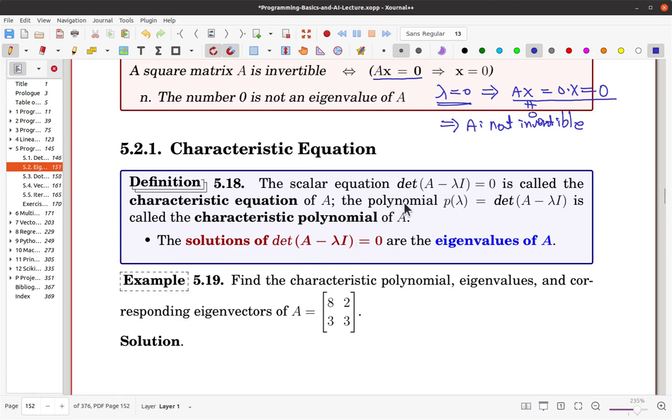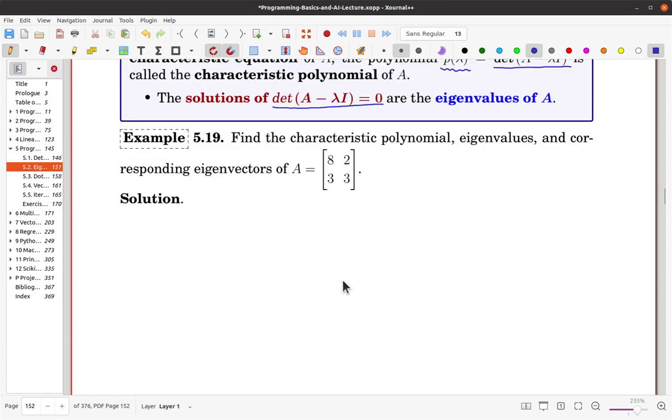The scalar equation determinant of A minus lambda I equals 0 is called the characteristic equation of A, and the polynomial itself, determinant of A minus lambda I, for which we are using the notation P of lambda, is called the characteristic polynomial of A. The solutions of the characteristic equation are eigenvalues of A. That means that to find the eigenvalues of A, we have to solve this characteristic equation.